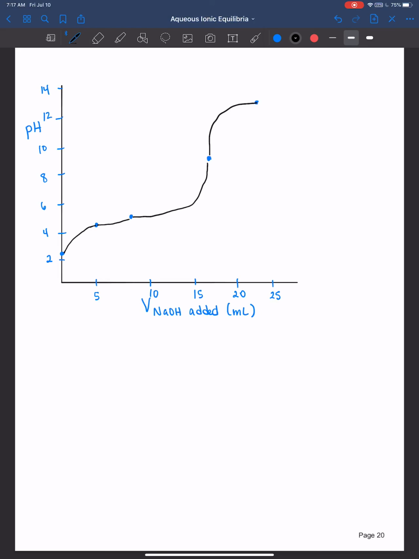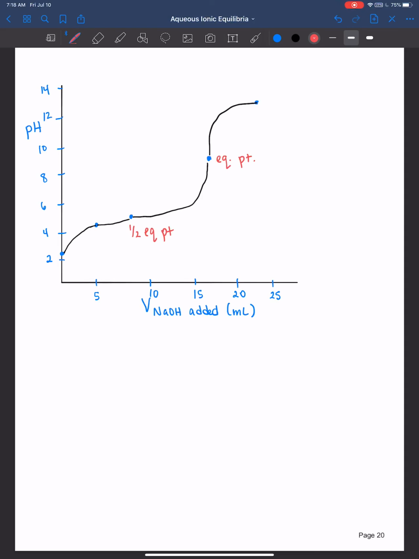If you're doing a weak base, strong acid titration, then it will be the reverse, where it would start at a high pH and then go to a low pH. So it's just the reverse of this one here. But here we start with an acidic solution, and as we add more base, we reach the equivalence point. And this was half the equivalence point, by the way.